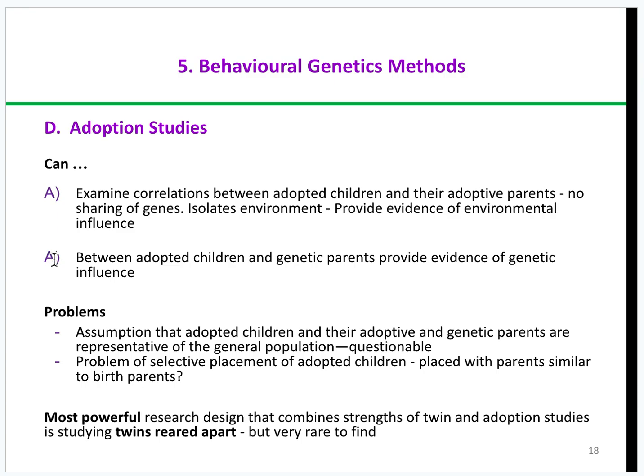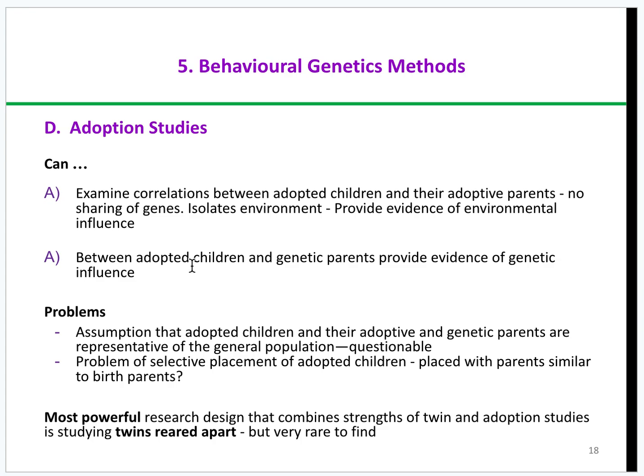You can also examine the correlations between the adopted children and their genetic parents, and that provides evidence of genetic influence. Let's say my child was adopted out when she or he was very young, and then we look at how we are the same or different when that child is 20.